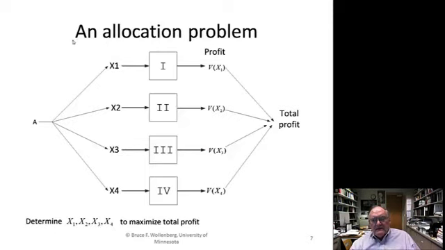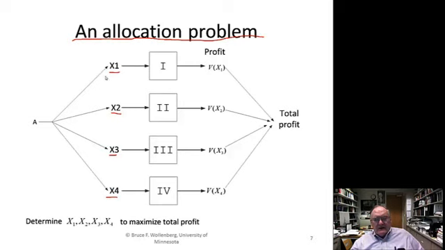Now, this is a different kind of problem that uses dynamic programming. It's called an allocation problem. The idea is that I have, let's say, 4 businesses or 4 divisions of my company. And I would like to allocate a certain amount of resources, which are x1, 2, 3, and 4.